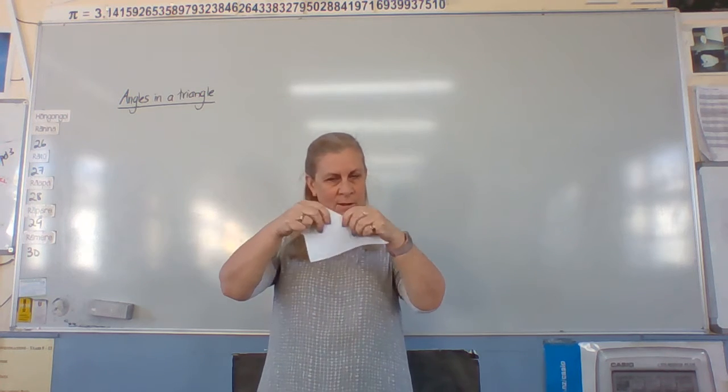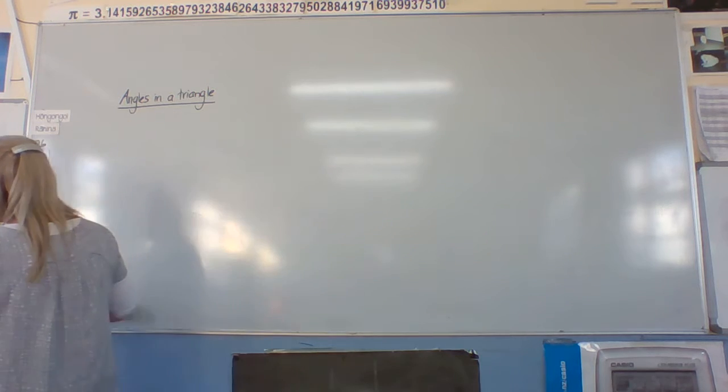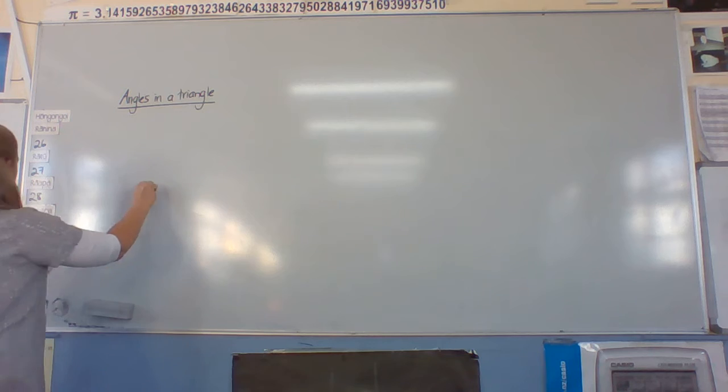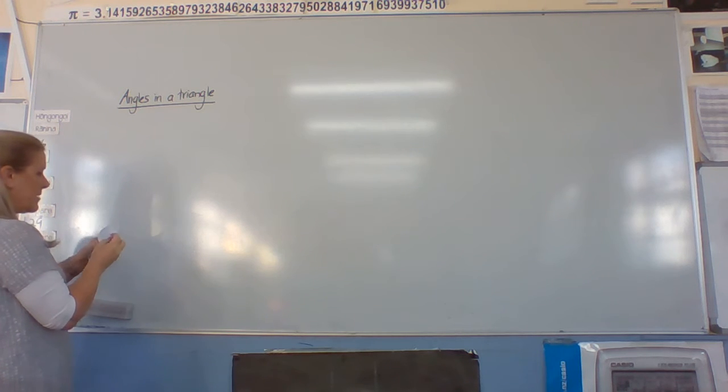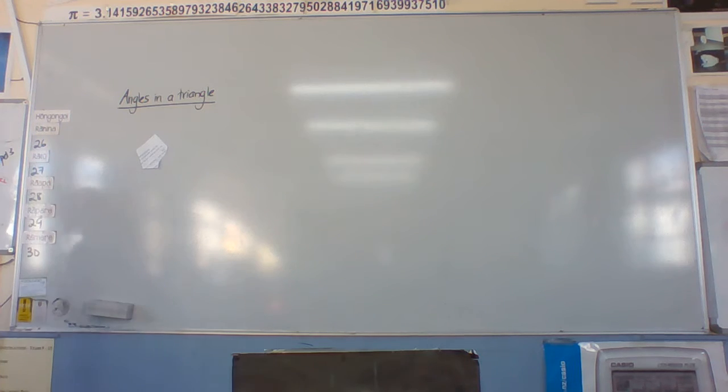So if I rip off the angles and stick them on the board, I used to have some sticky stuff. So here's one, right? Where's some more sticky stuff with it? What do you call that stuff? Blue tape. Yeah, blue tape.